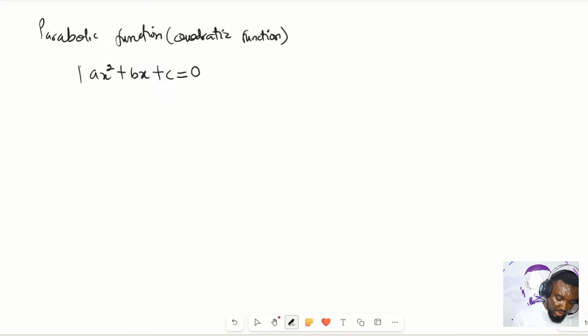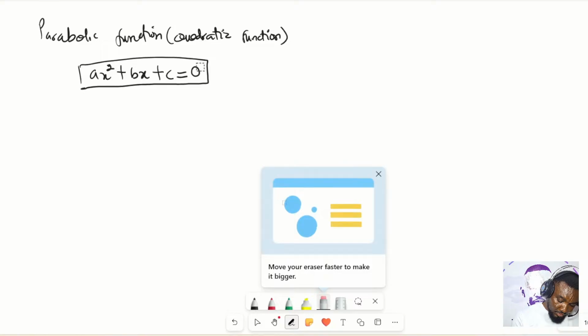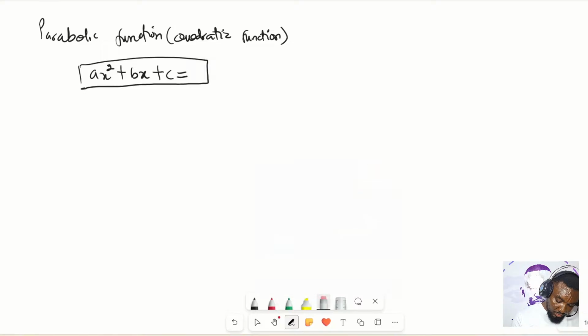So a function that is of the form ax squared plus bx plus c is equal to f of x in a way. If it's equal to 0, then it's an equation. So f of x is a parabolic function.